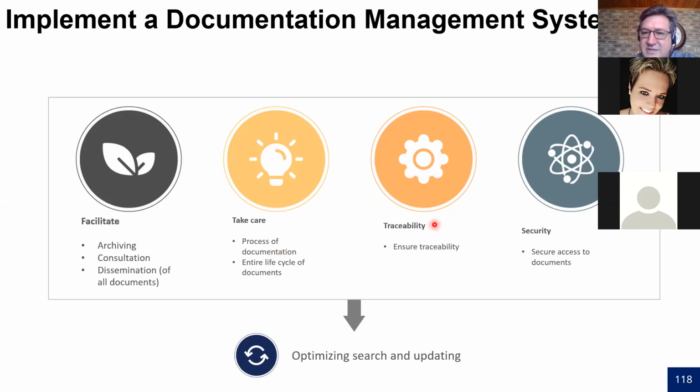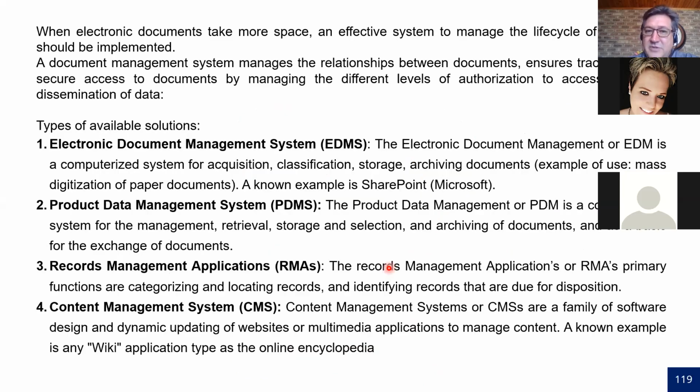And then we're talking about traceability. How can I trace that document and the security attached to it? How do I do that, and how do I manage that? Optimizing the search and updating of the documents is critical, because you need to have some kind of system that you are working with. There are a few systems that you can work with.